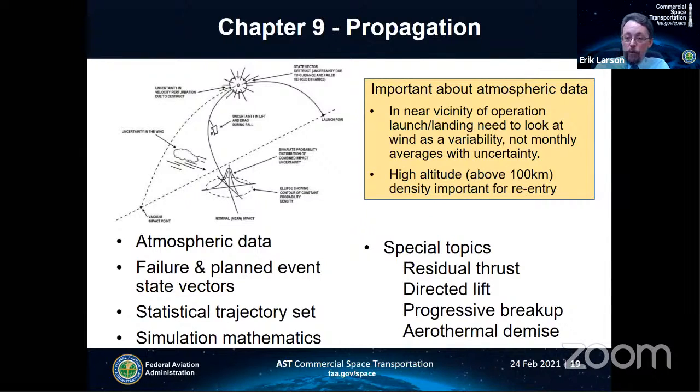We've also seen that for shallow angle reentries, the high altitude density of the atmosphere is quite important, and so that needs to be modeled. You can't just stop the atmosphere at, say, 100 kilometers if you're coming in at a shallow angle, or it will mispredict where the debris will end up. Okay, so then moving on to the next slide.